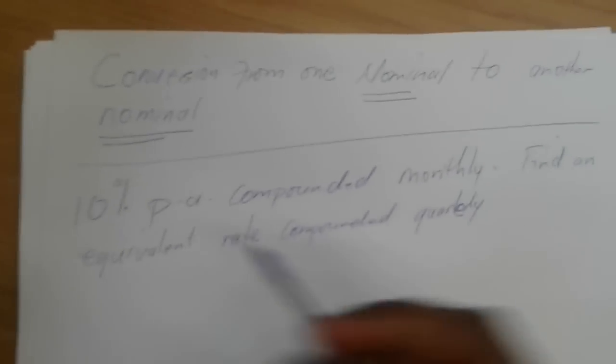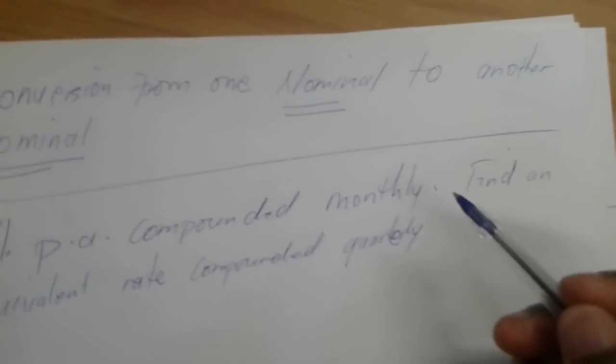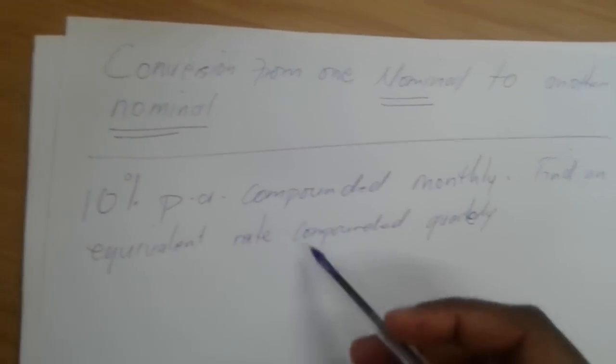So we want to change 10% per annum compounded monthly. Find an equivalent rate compounded quarterly.